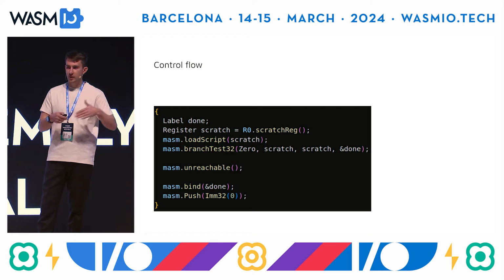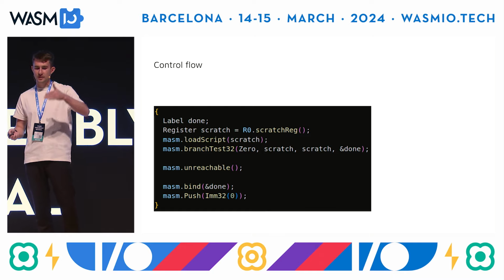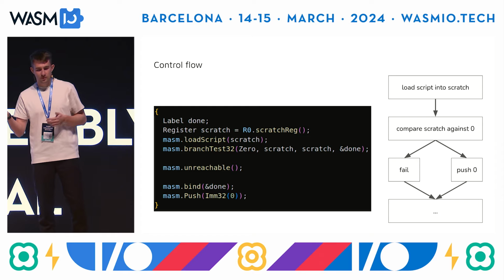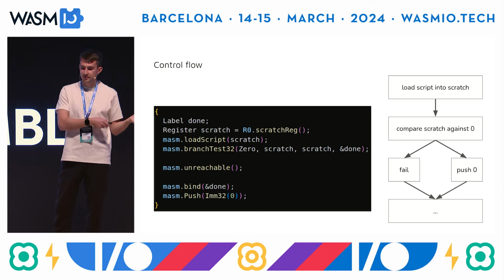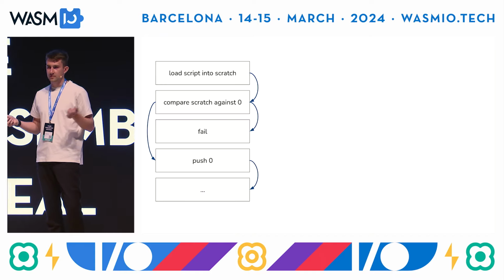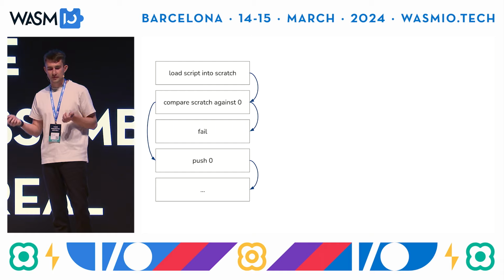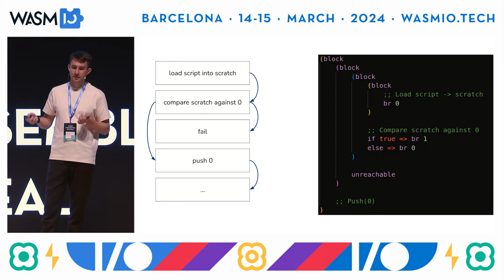And each time you bind this label, you also create a new basic block with another set of instructions. So you can reconstruct a control flow graph from the macroassembler. And then if you sort this graph topologically, you can directly emit a block structure in WebAssembly.